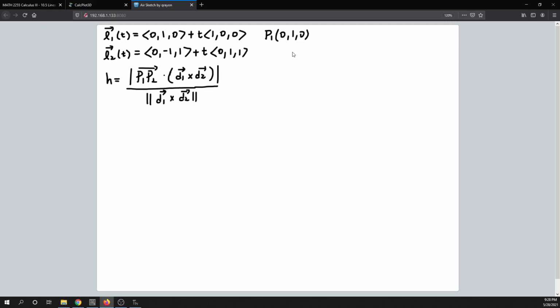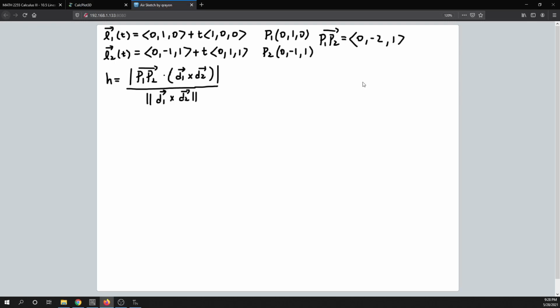And so P2 then would be 0, minus 1, 1. And then we would do the vector from P1 to P2. That's going to be terminal minus initial, so 0, negative 1 minus 1 is minus 2, and 1 minus 0 is 1.